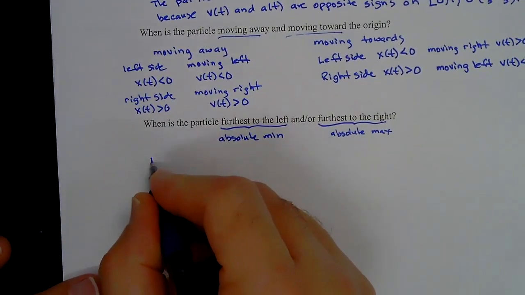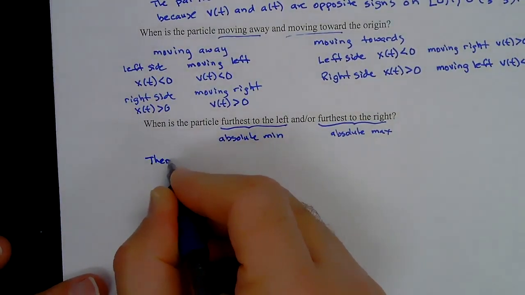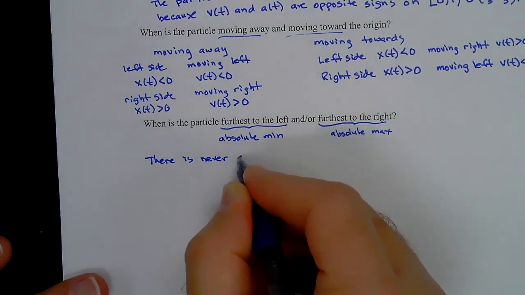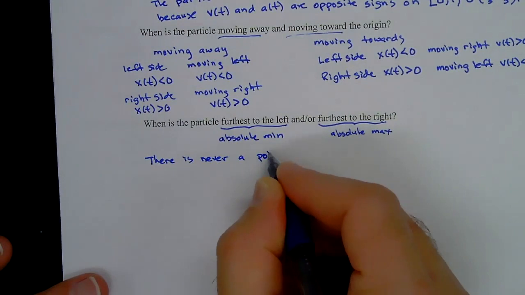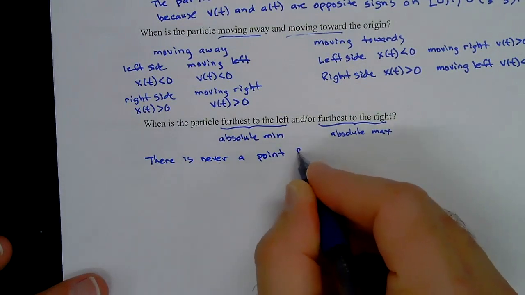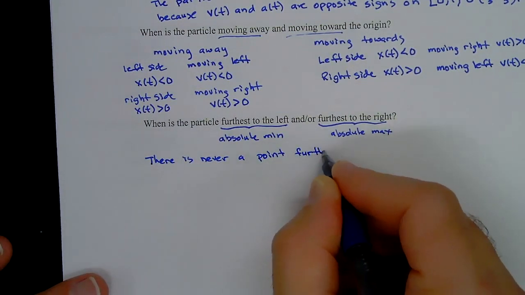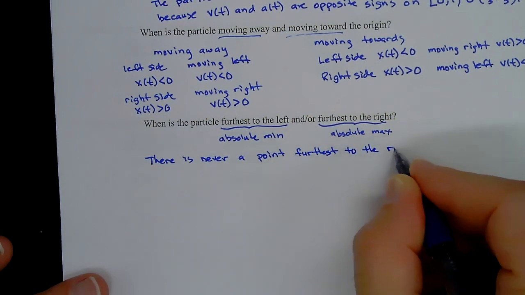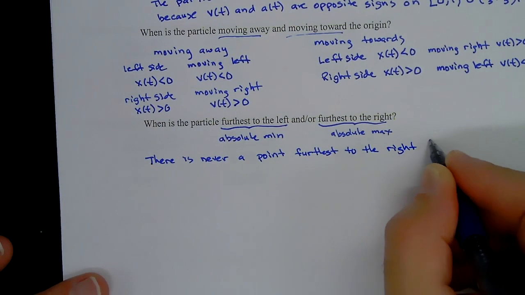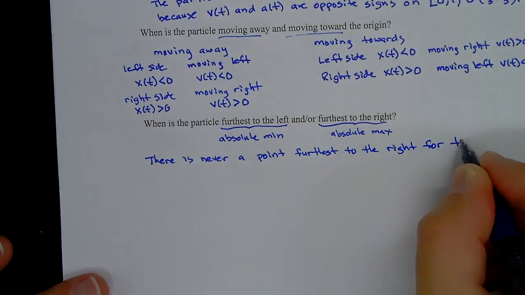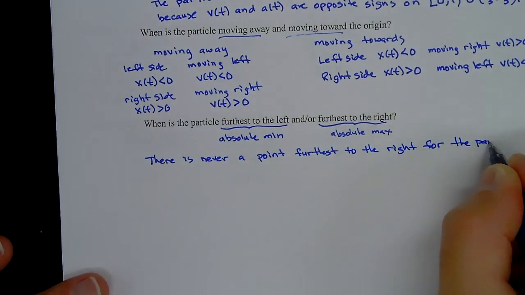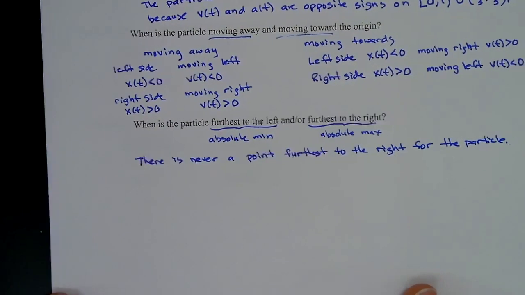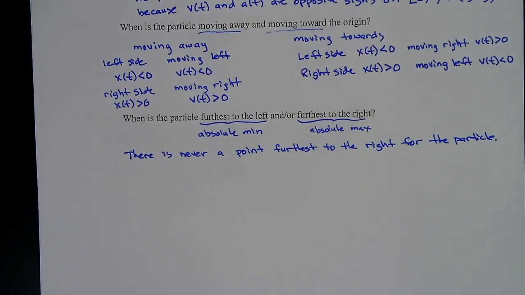So we'd say there is never a point furthest to the right for the particle, or something similar to that. Okay, because it keeps moving to the right. And if it keeps moving, you're never furthest to the right.